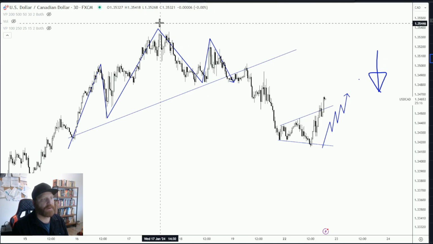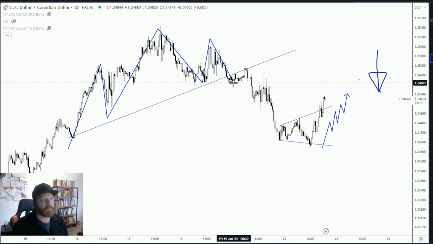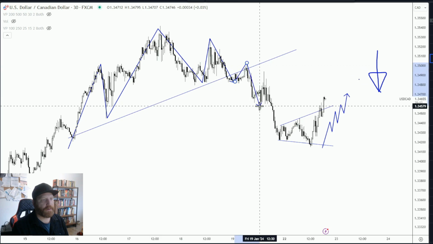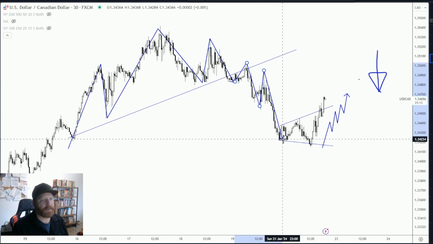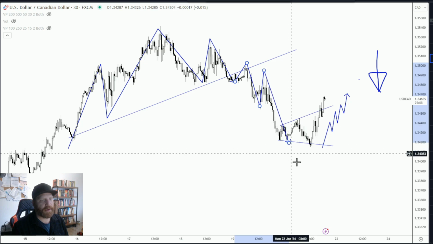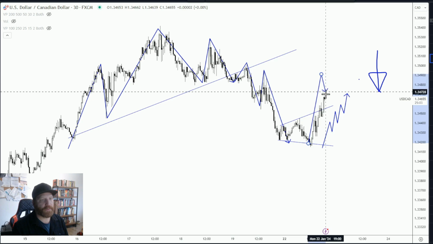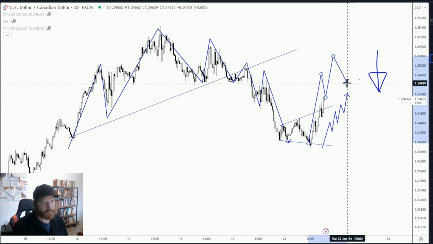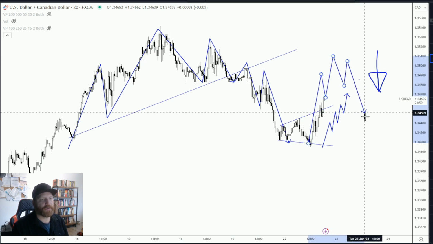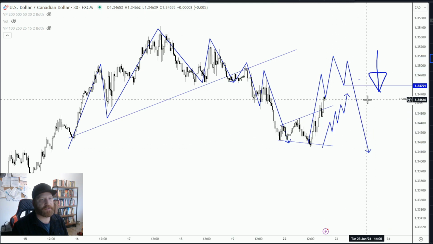Then we have a lower high, lower low, lower high, and now we have this reversal pattern. So it could be that temporarily we will see higher highs, and that eventually we will finally have the opportunity to go short on the downside.